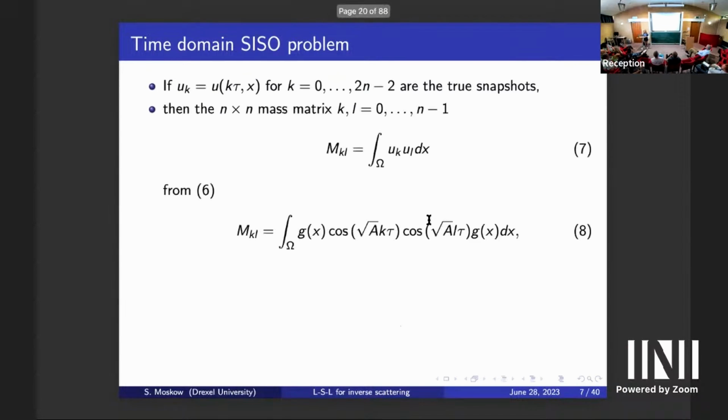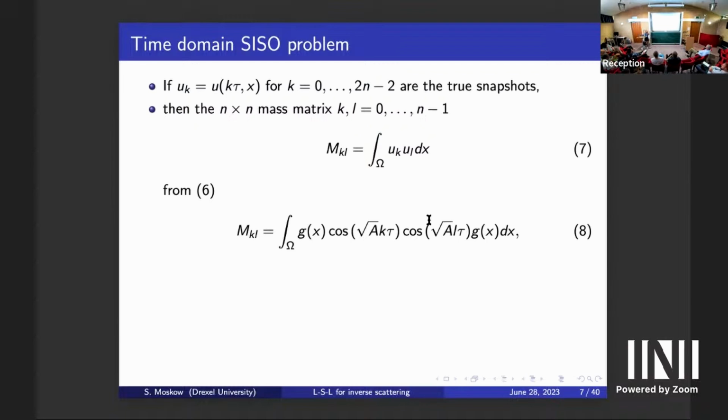So that's important because basically for the following formulas, which are also well known, imagine you have these true snapshots. So you're measuring at these time steps. You don't know the solution inside the domain, but it exists.